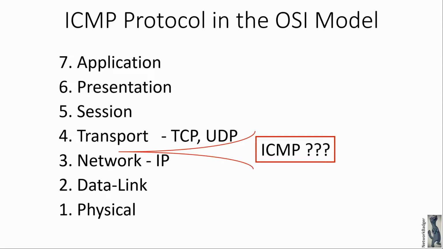The reason why classifying ICMP is so tricky is that ICMP was not designed to carry user data. Many protocols are responsible for conveying user data, like web, email, voice, video, files, etc. But ICMP does not carry any user data.